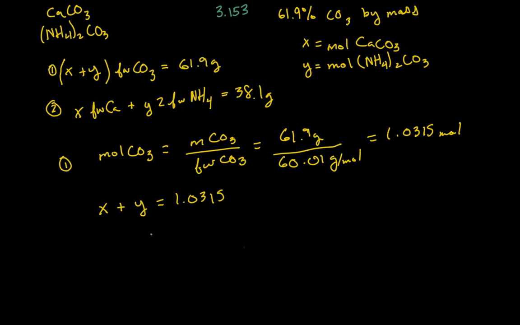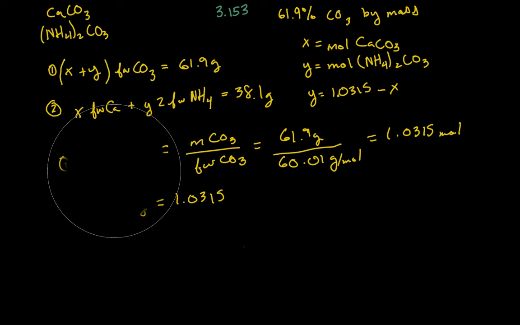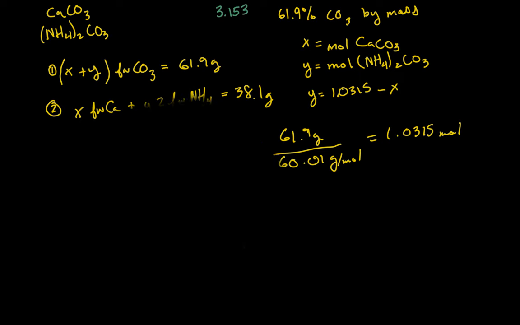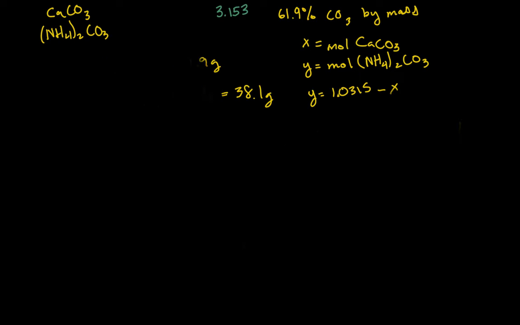So we're going to go ahead and solve this for Y immediately: Y equals 1.0315 minus X. Now I'll erase this stuff out of the middle here, and then we can stick in that expression.